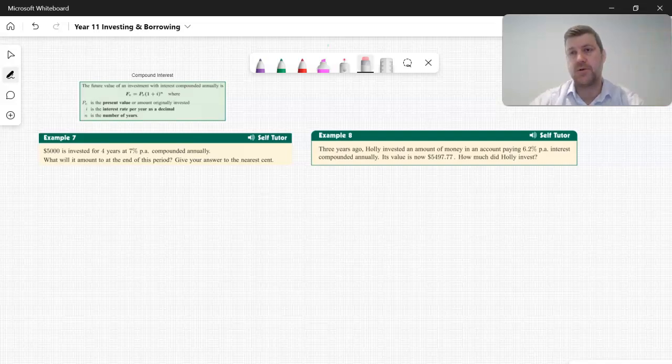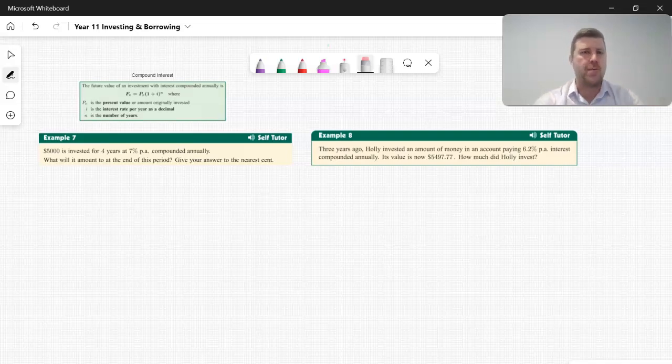In the example I'm going to look at today, it's every year. Then you're earning interest for the second year on the principal and the interest you earned in that first year. So the interest is added to your original principal, and then interest is earned on that over the following periods. Hence, it's compounded each period.